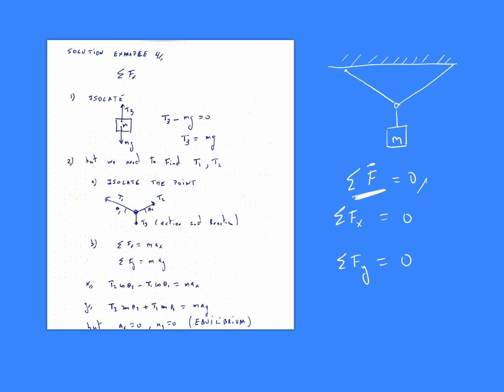So we have to apply Newton's law to this problem. Indeed, the problem is more a problem about vectors than about Newton's law. The only subtle question here is to which point we will apply the sum of all the forces equals zero. Well, we can apply it to the mass m.